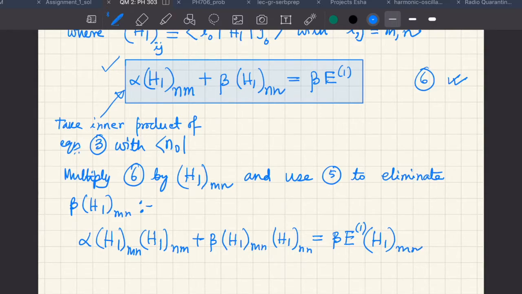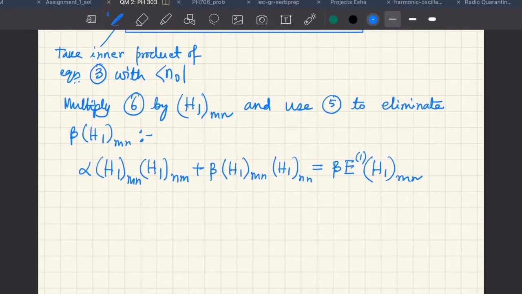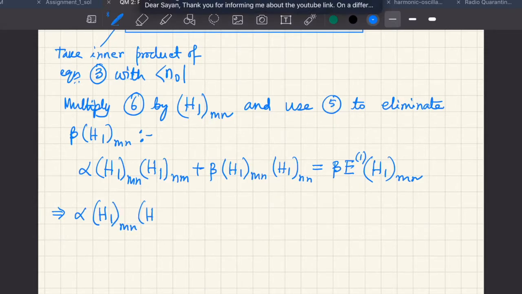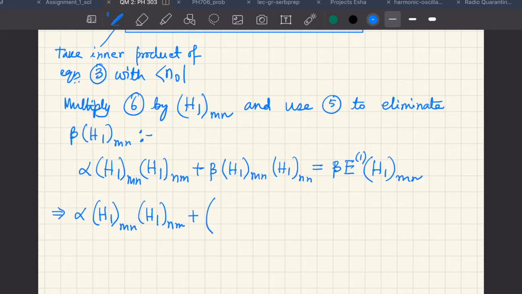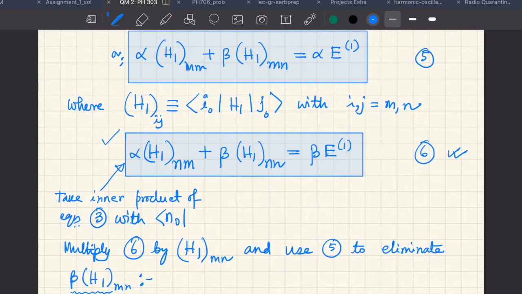We can write this as alpha H1 mn H1 nm plus, now here we have to replace this beta H1 mn using equation number 5.